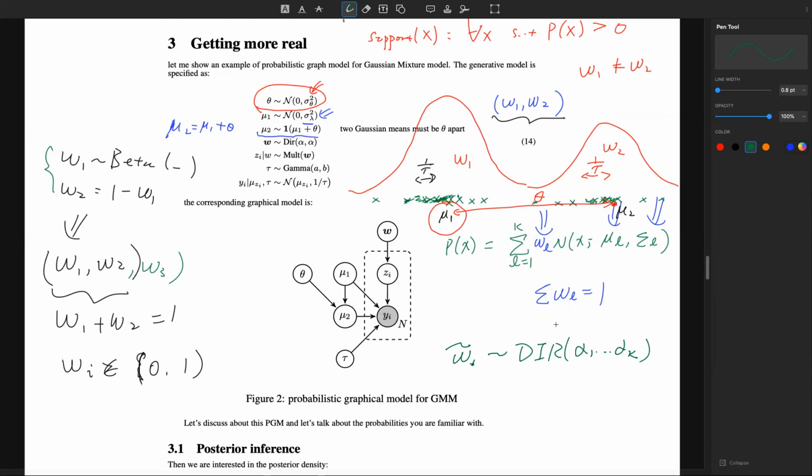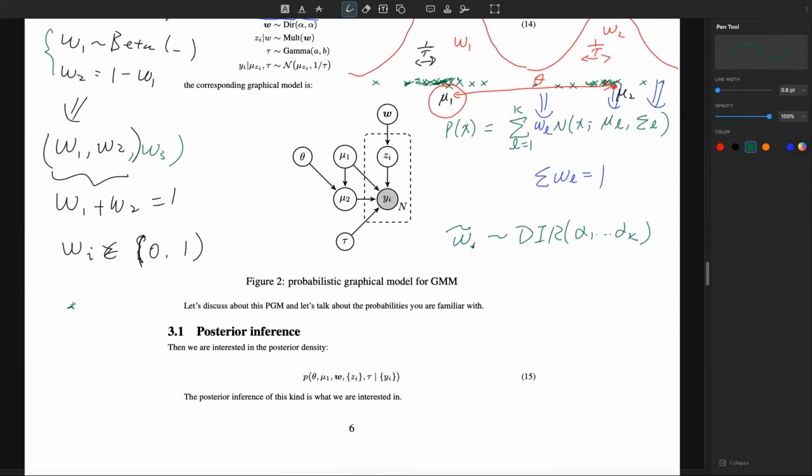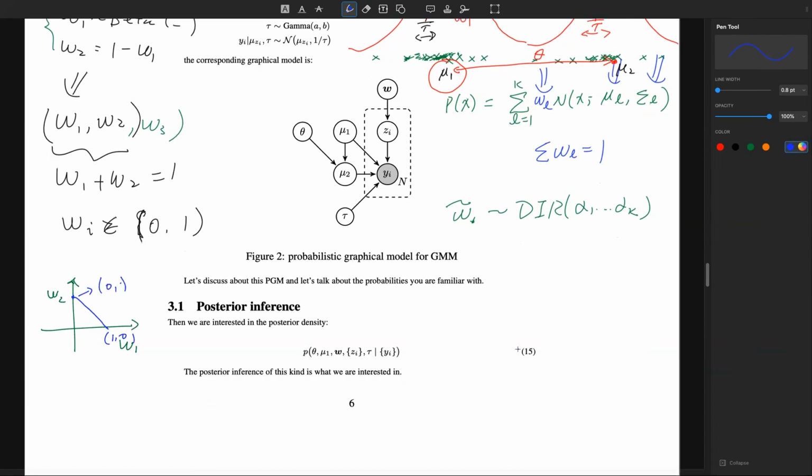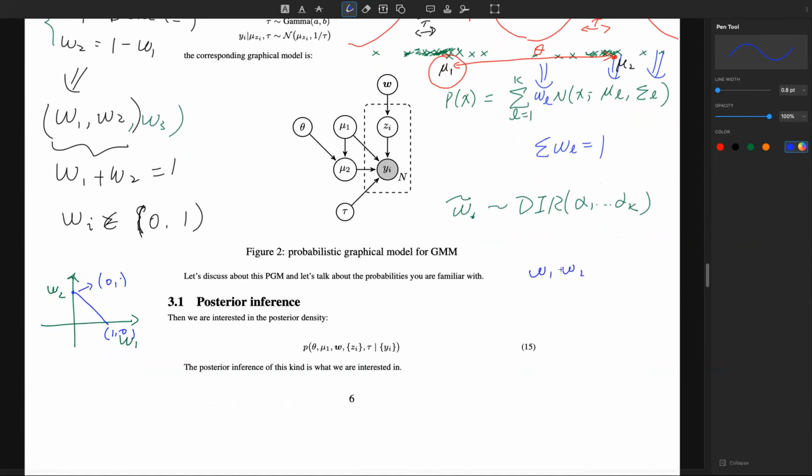By the way, if you look at W1 and W2, where can you plot the support? Where do you think is the space in which it has non-zero probability? It's this, right? So that's 1, 0, and this is 0, 1. Now, what if we have 3, like W1, W2, and W3?